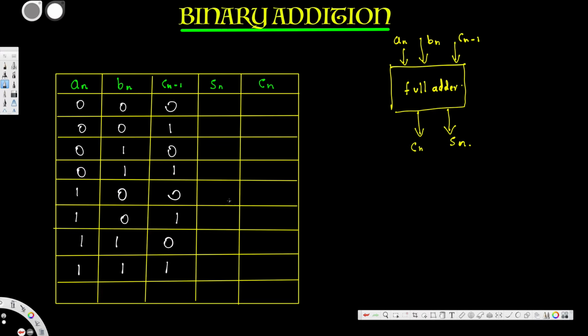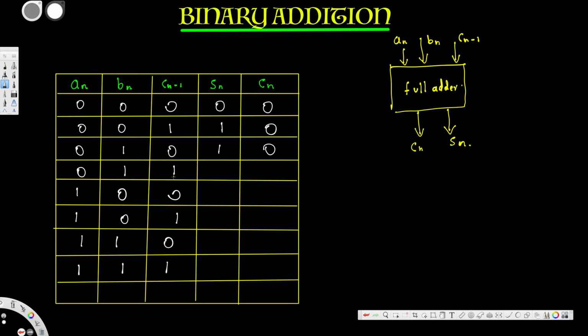Okay, now let's go ahead and do the addition. 0 0 and we have 0 carry, so this is going to be just 0, and the carry is also going to be 0. 0 0 and carry 1, that's going to be 1, and the carry is going to be 0. 0 1, that's going to be 1 and the carry is 0.